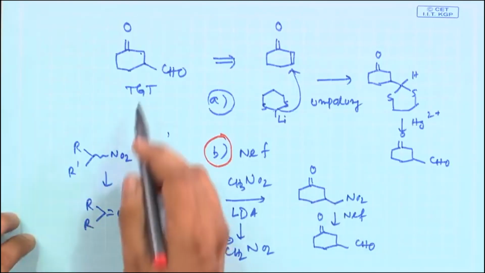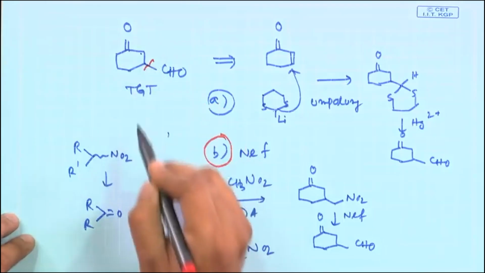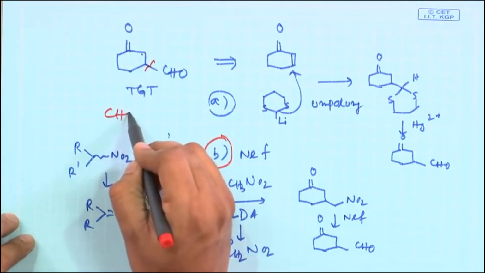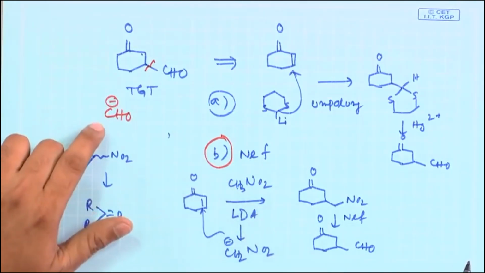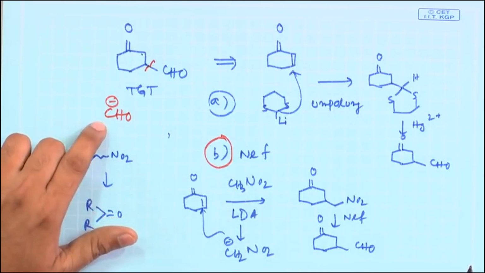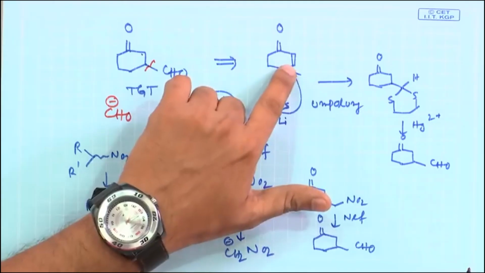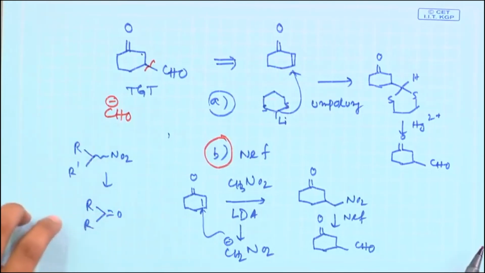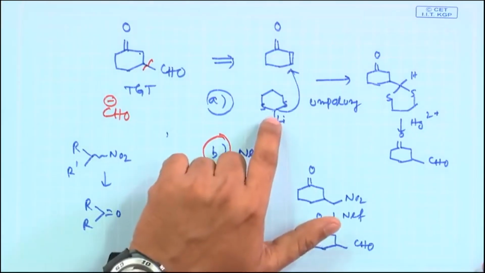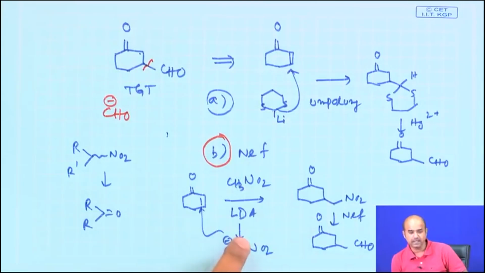But the main bottom line is, in both cases we do a disconnection based on a CHO minus or formyl anion species, which needs to be generated and which will attack the Michael acceptor in a 1,4 fashion. So, no matter whether it is 1,3-dithiane chemistry or Nef chemistry, the final target can be achieved in an extremely efficient way. As I said, the choice is yours to pick the right pathway depending on the resources available to you.